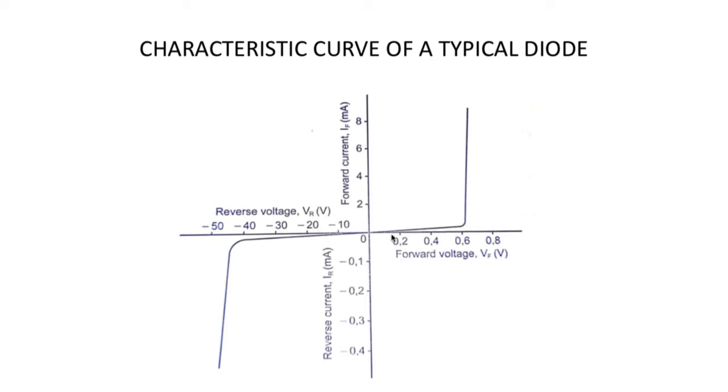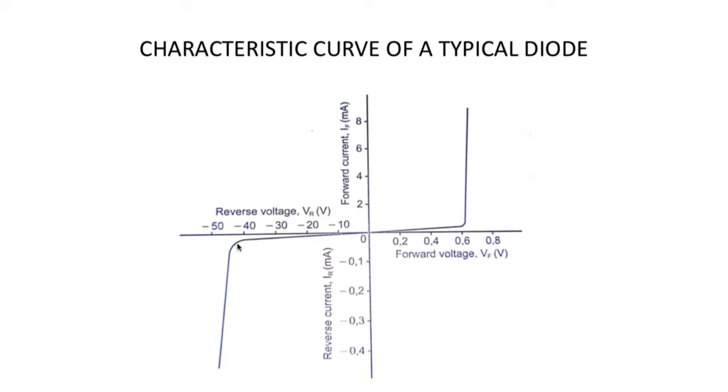Again, in the reverse characteristics, when the applied reverse voltage is below the breakdown voltage, the diode current is small. The value is called the reverse saturation current. Let's go back a little to the characteristic curve. The region that they are talking about is the region from 0.2 to minus 10 in the reverse voltage. When the reverse voltage is increased to a large value, the diode reverse current increases.